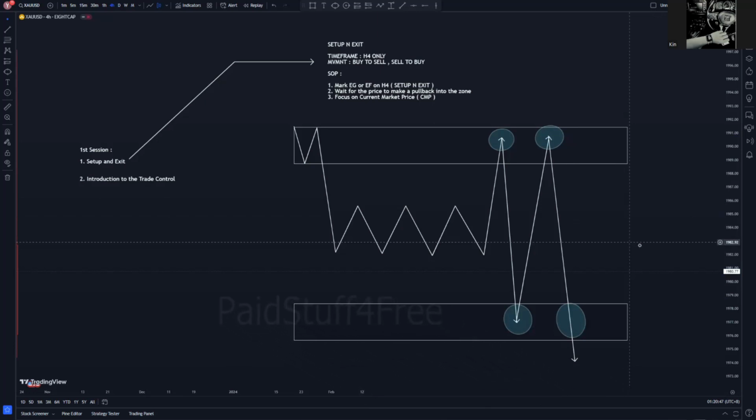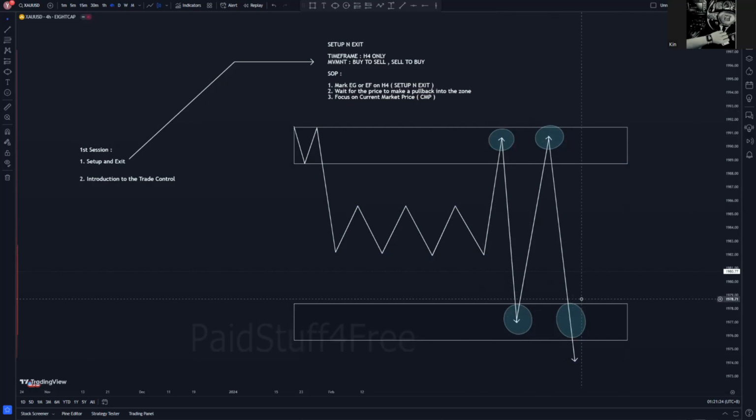So the second famous question is, why do we need to focus on the current market price? I'm going to answer this right now. When the price gets into the sell zone, in all of these circles that I've circled over here, we will find out all the answers to our questions: why the price respected the sell zone, why the price respected the buy zone, and why the price just went through this buy zone.